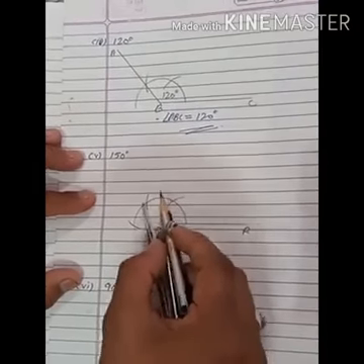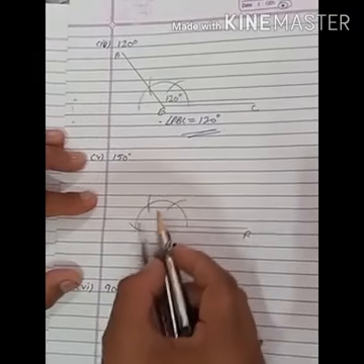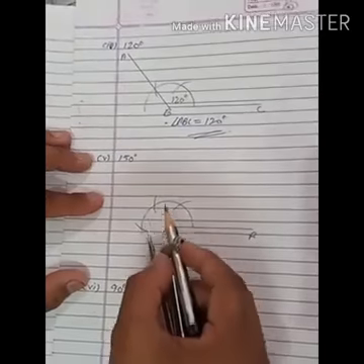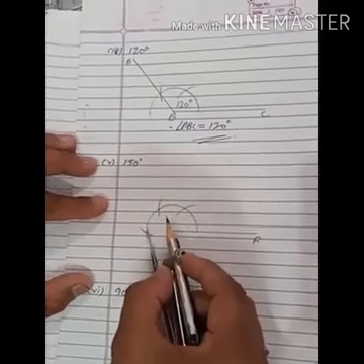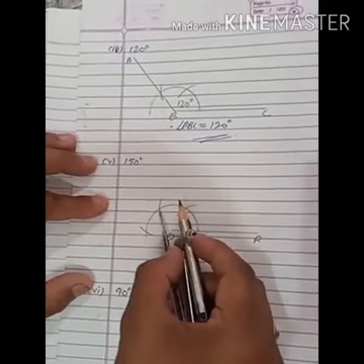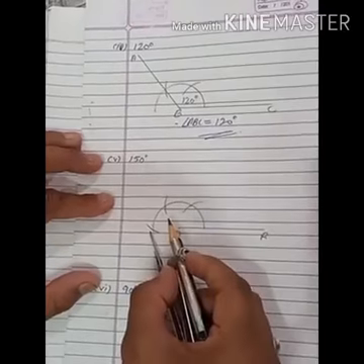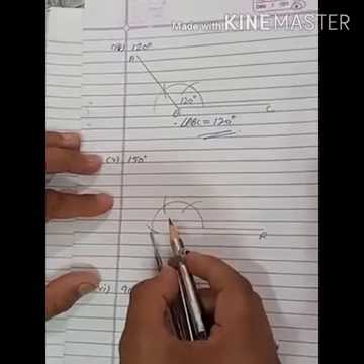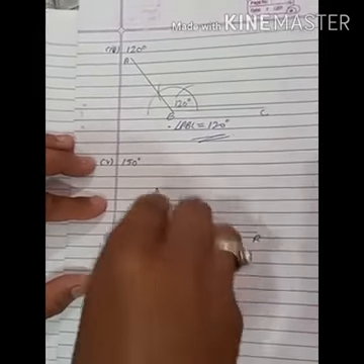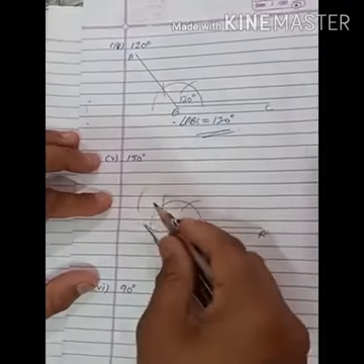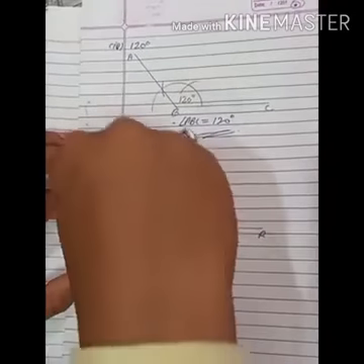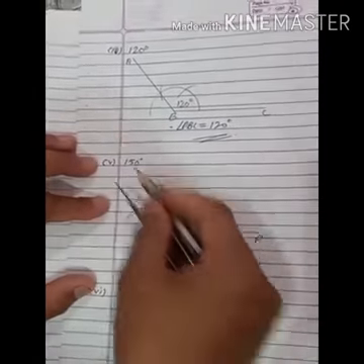So we will do the half of this portion, because this portion is 60 degree. If we do the half of this portion, we will get 30 degree. So 120 till here, then 30, 150 degree. So we will do the half of this. One arc from here for half or bisect, and one arc from here. So join this.